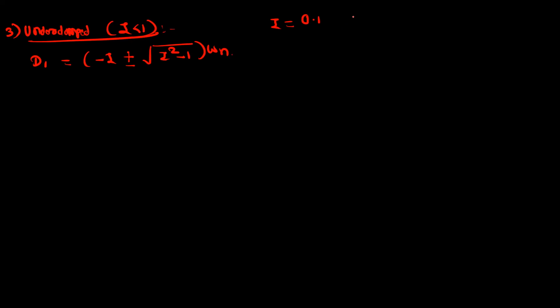Okay, so zeta square minus 1, this value will become 0.1 square minus 1, so this is 0.01 minus 1. So this will be minus 0.99.